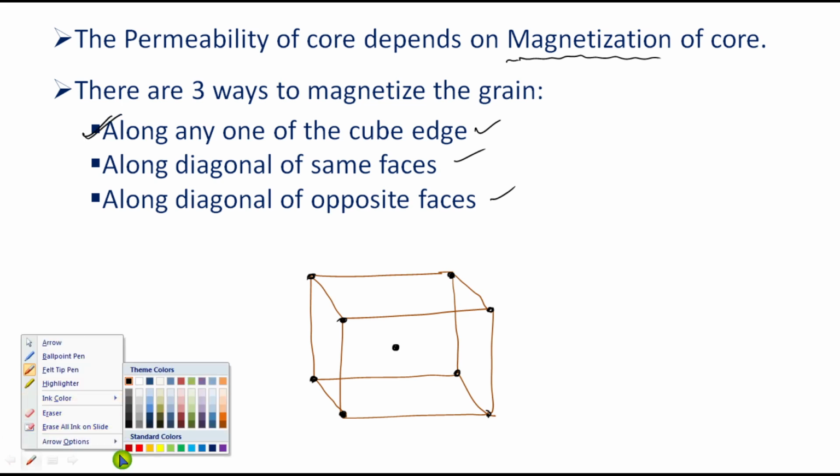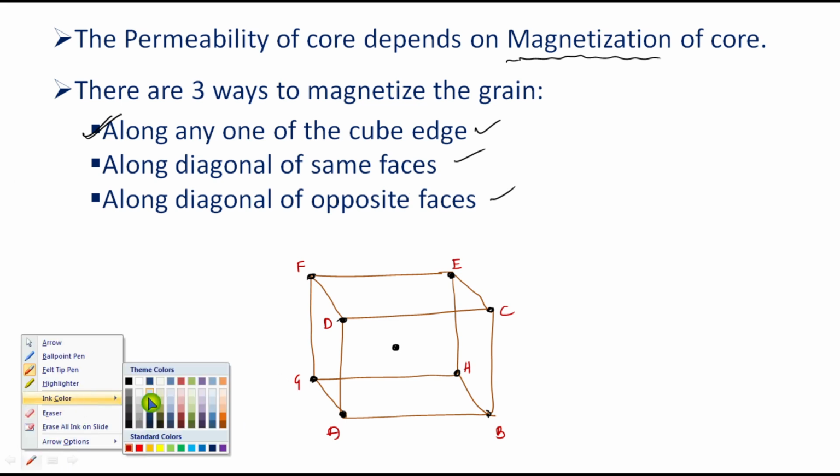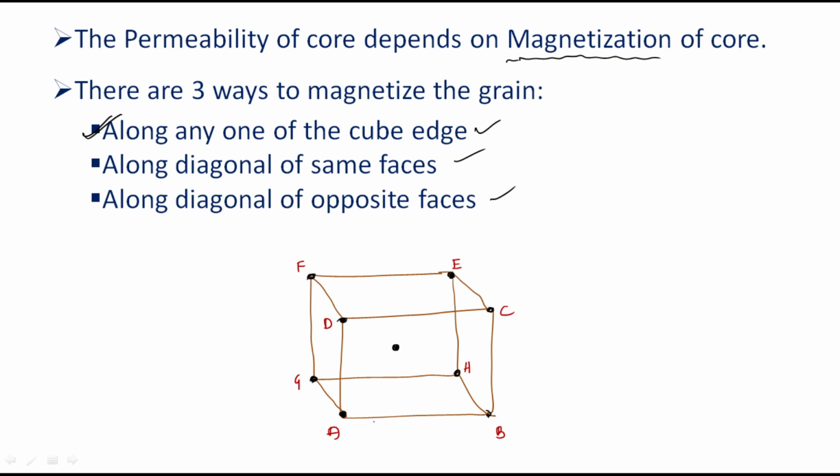Before that, first I would like to notate A, B, C, D, E, F, G, H. So along any one of the cube edge. So cube edge means what? Let us take this. Cube edge means what?